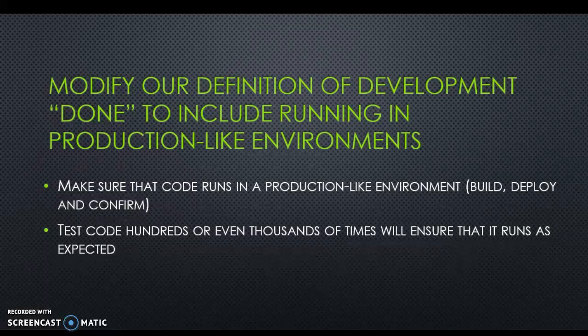Otherwise the code runs in our environment, but then when it's deployed, it doesn't run because the environments are different, so the code will respond differently. So that's the point. Having the production-like environment, as we build the code and as we go, we're going to test many times already in the environment.